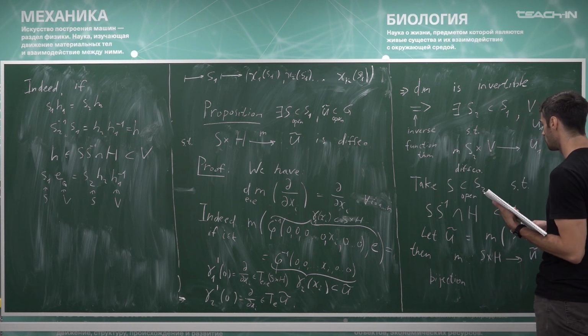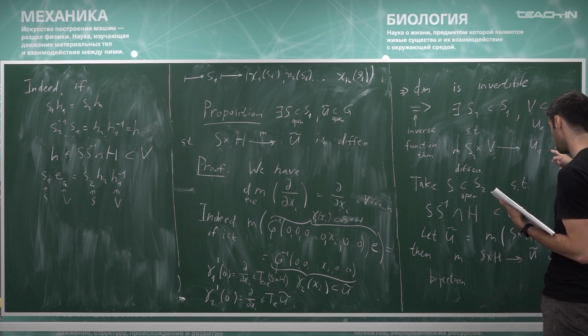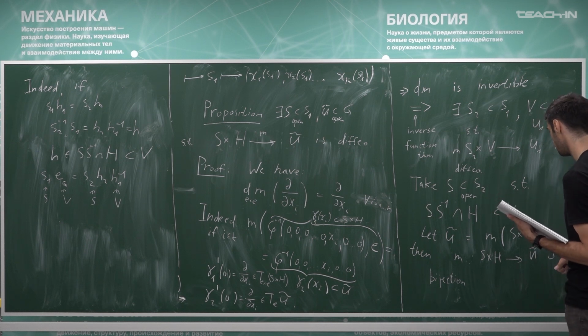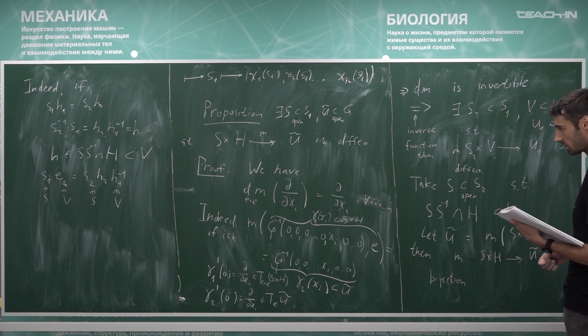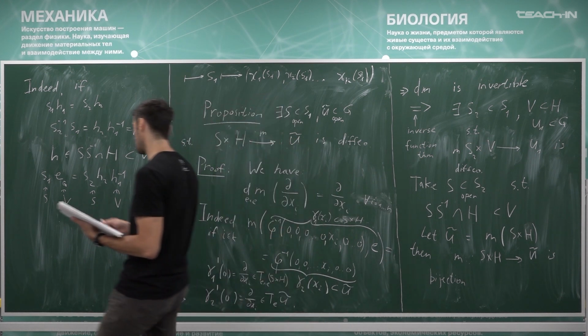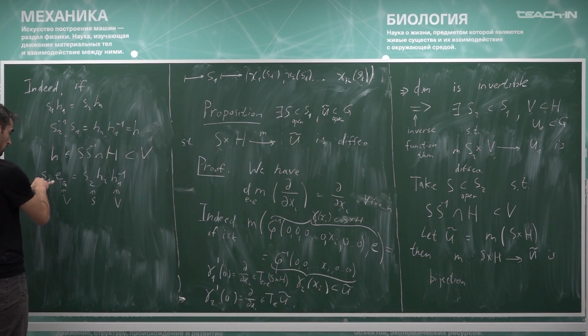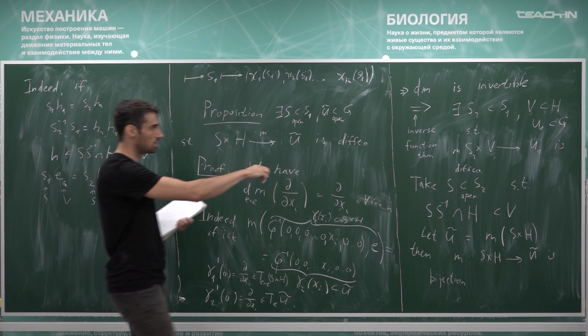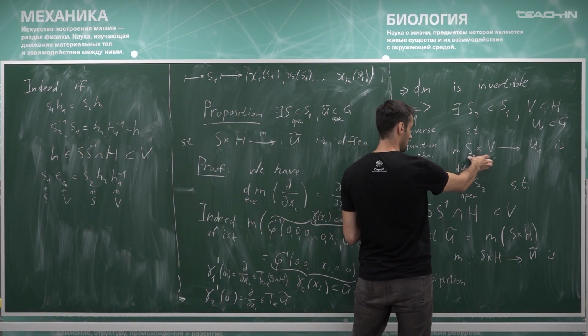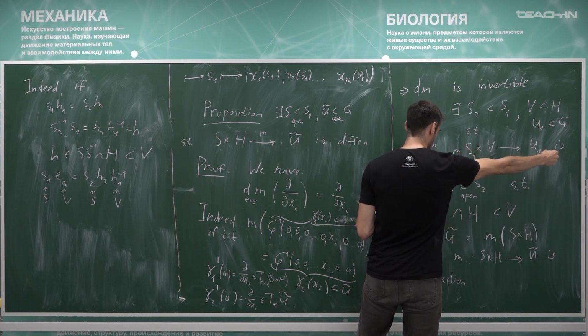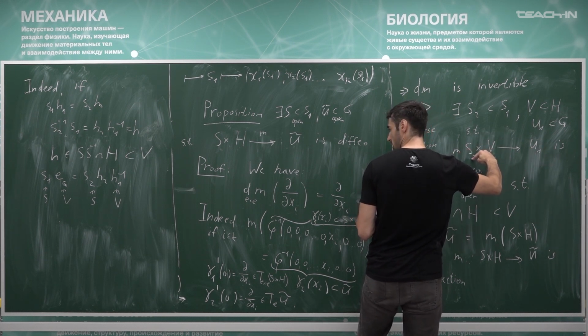So if I have two things that coincide, and these are two things in here, they coincide, and the map is a diffeomorphism on this set.